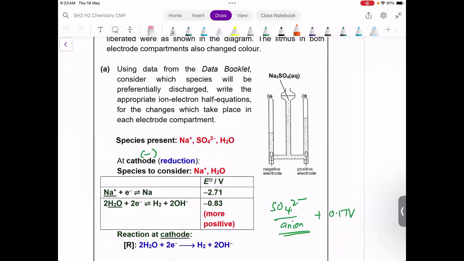So do you all find it challenging to choose the right half equation involving water?